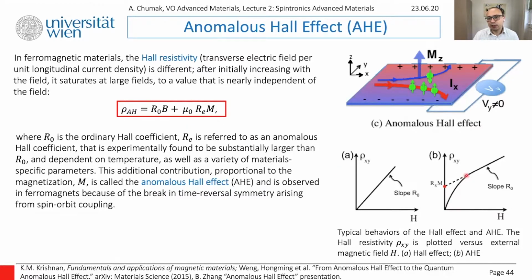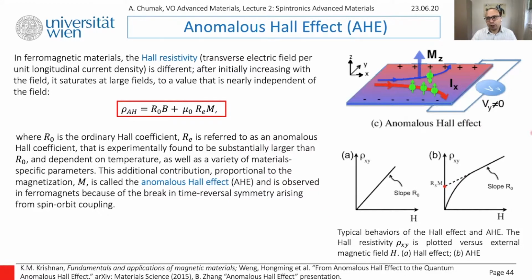And it means that afterwards you just have a standard slope given by this component. The only difference is that you are already shifted up by the part given by the second component, which is coming from the saturation magnetization.